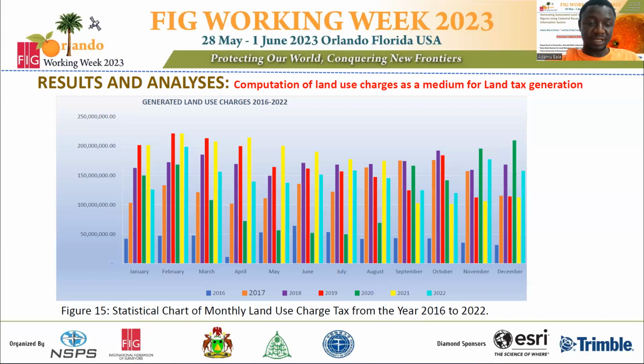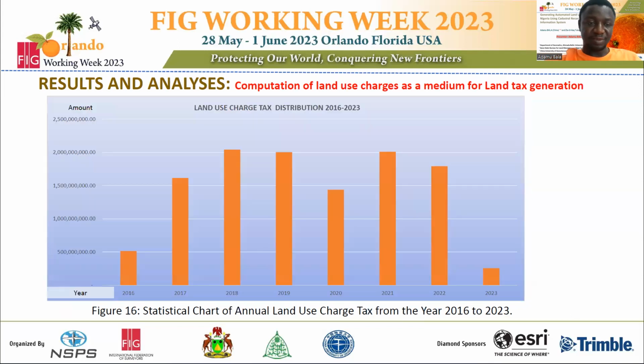So these are the results generated from the database created in the GIS environment. Figure 16 is a statistical chart of annual land use charge tax from the year 2016 to 2023.